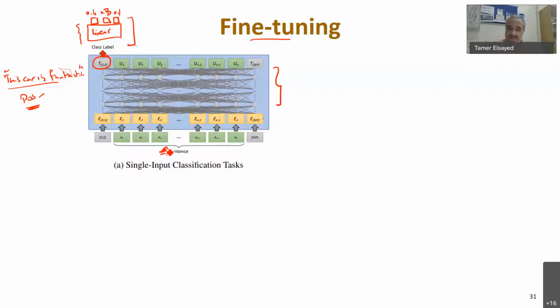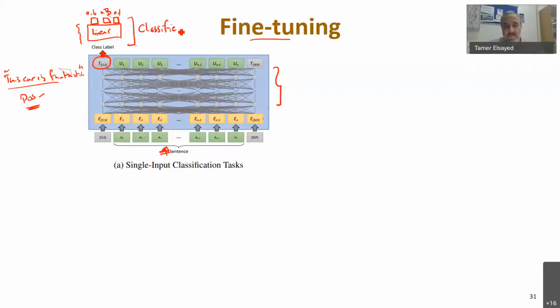So you pass the sentence through the fine-tuned model to get the new embeddings for CLS, then take this as an input to that classifier to get whatever classification decision you want. That's what we call single input classification tasks. Any question about this?